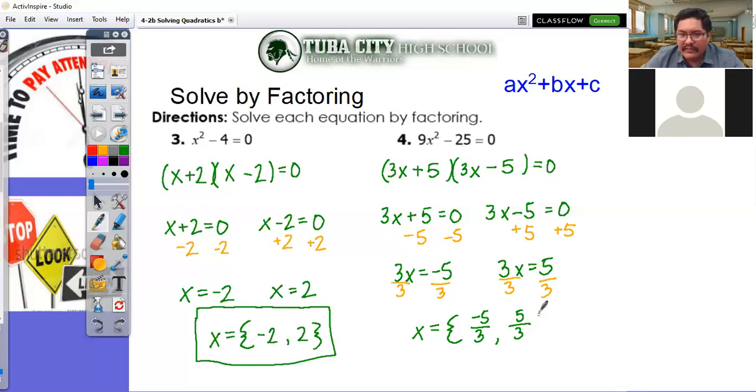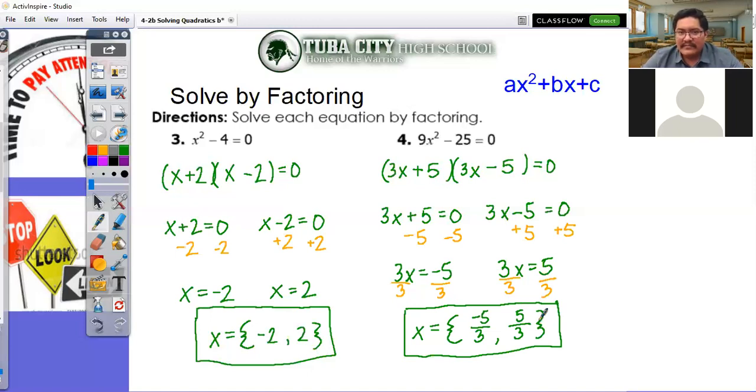If you want to turn it into a mixed number, that's okay, you can do that. You would get something like 1 2/3. But in this case, I'm going to go ahead and just leave it as a fraction. Don't need mixed numbers today. Okay, so there we go.